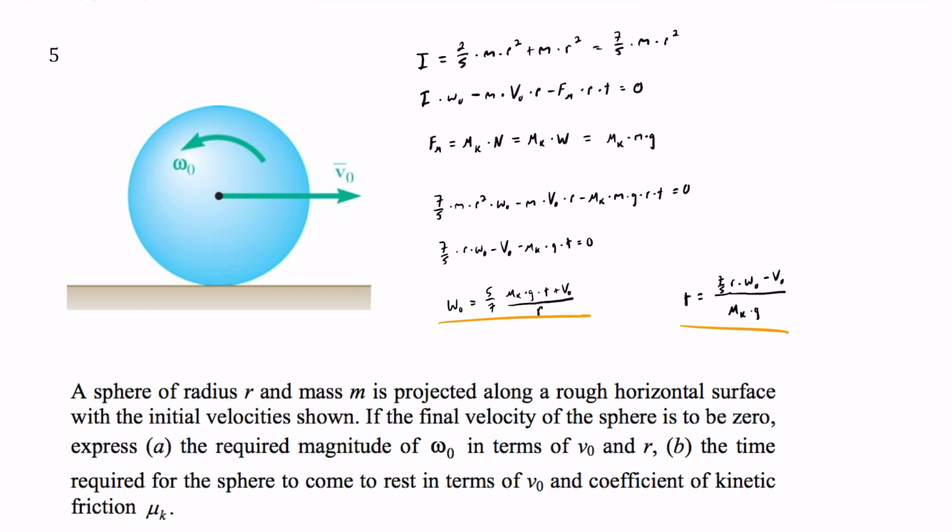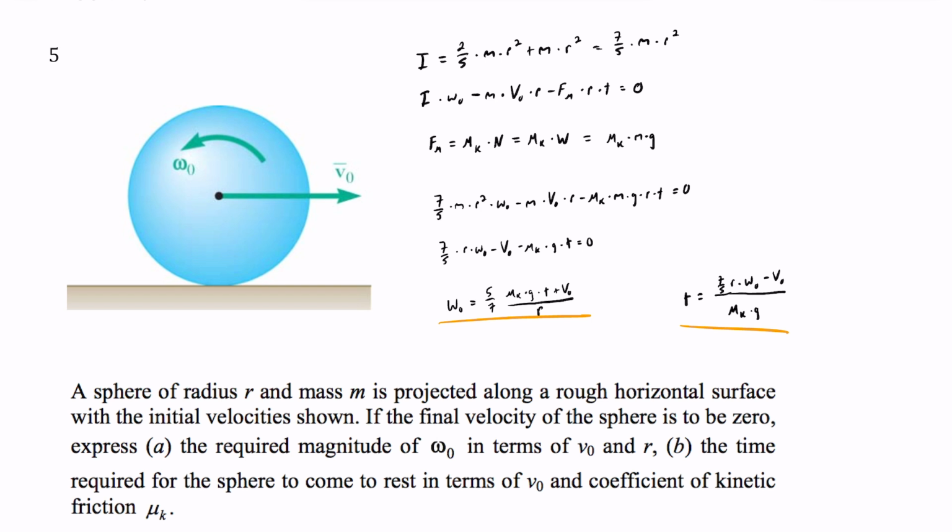The friction force equals mu k times the normal force, which is the coefficient times m times g.